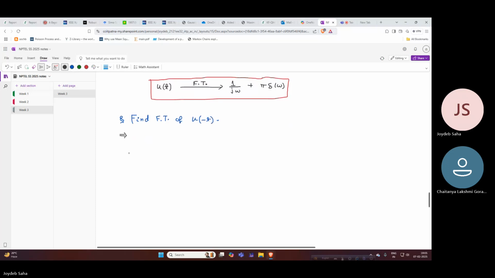Here we need to know the time reversal property.